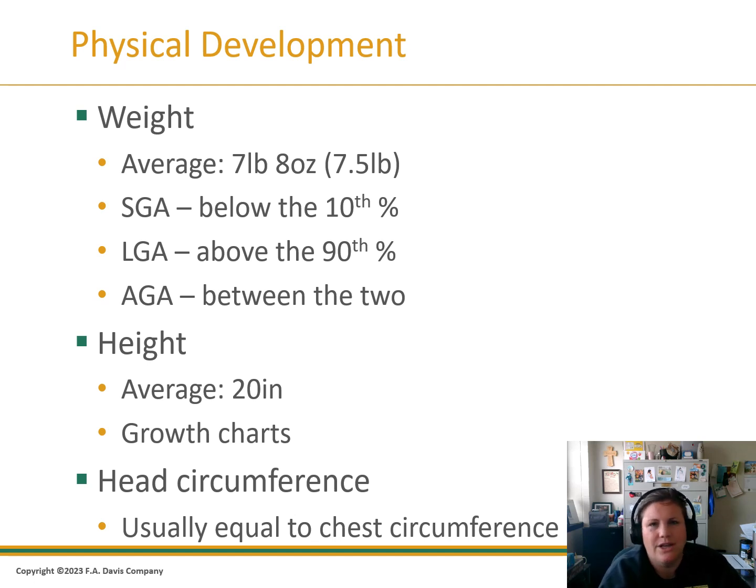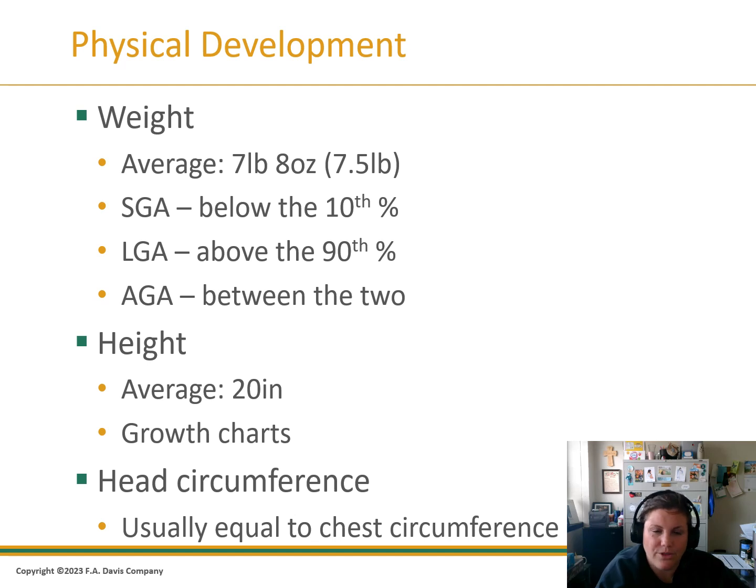Now, we know there are a lot of factors that play into that: the age the baby's born, so how gestationally early they are, the genetics of the family, the mom's diet and health during the pregnancy. This is just an example of an approximate average weight for a baby.